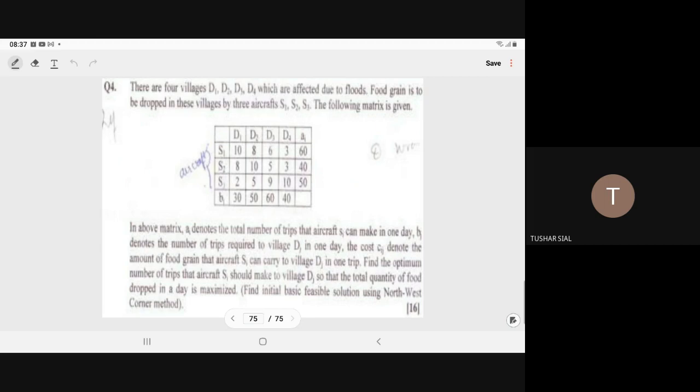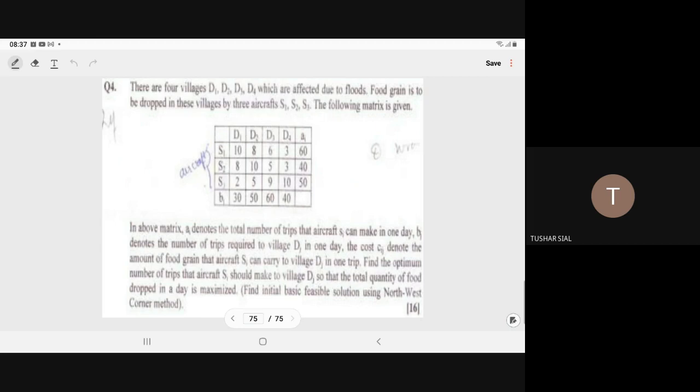The cost Cij denotes the amount of food grain that aircraft Si can carry to village Dj in one trip. Find the optimal number of trips that aircraft Si should make to village Dj so that the total quantity of food dropped in a day is maximized.